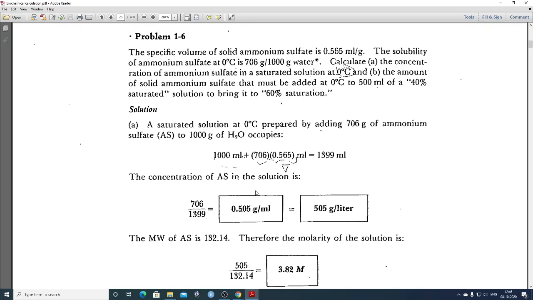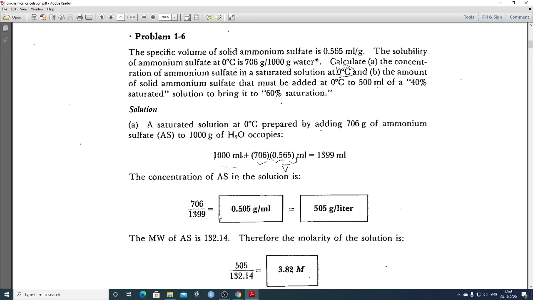Now we want to calculate the concentration of ammonium sulfate in the solution. So how much ammonium sulfate is there in that solution? This is the total solution volume, 1399 ml, and we have added 706 grams. 706 divided by 1399 is 0.505 gram per ml.